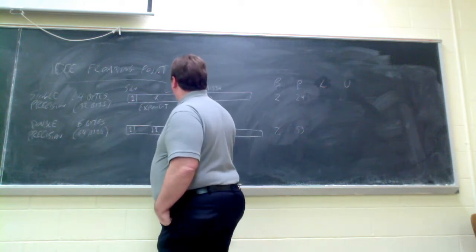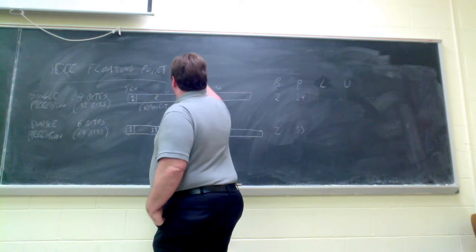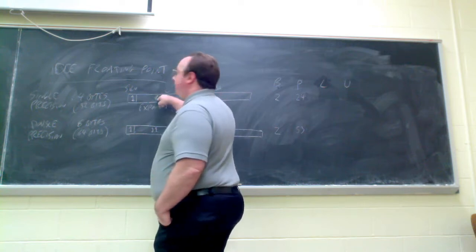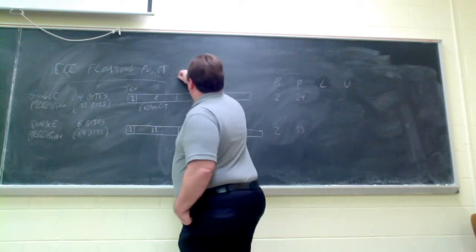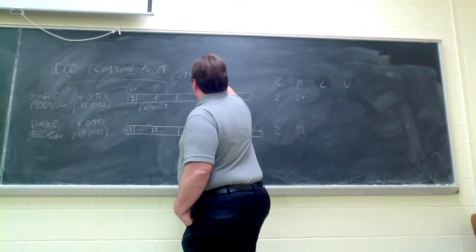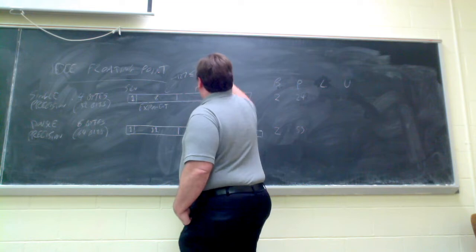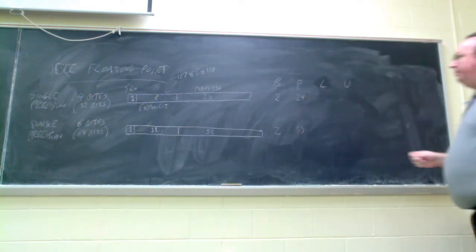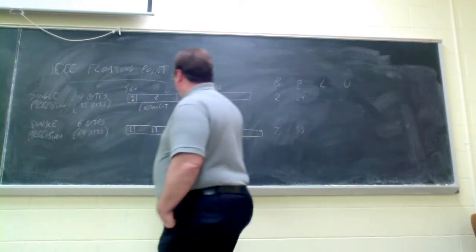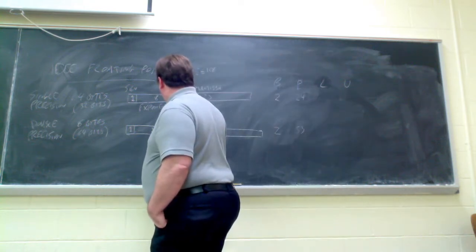So what you can do is represent numbers between, well, 2 to the 8th is 256. There's 256 possibilities. So you go from minus 127 up to 128. And similarly for double precision, 11 bits can be used.